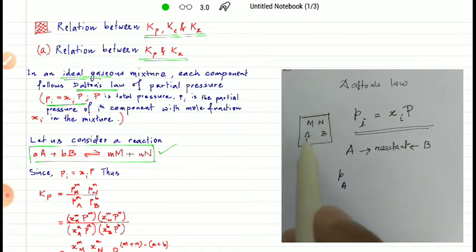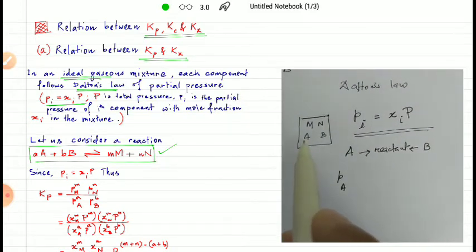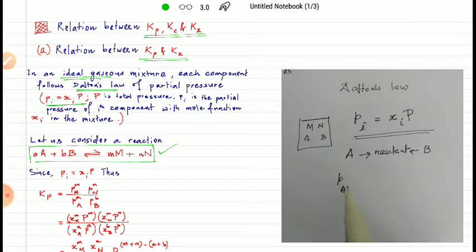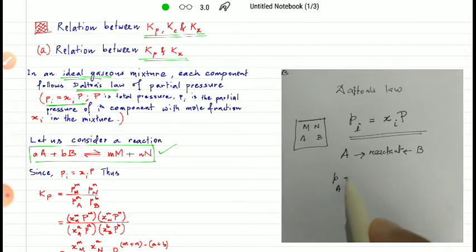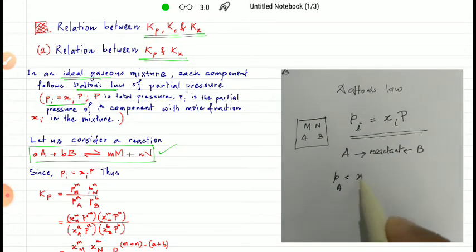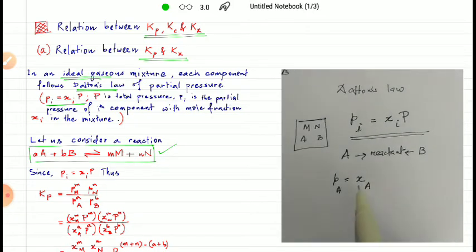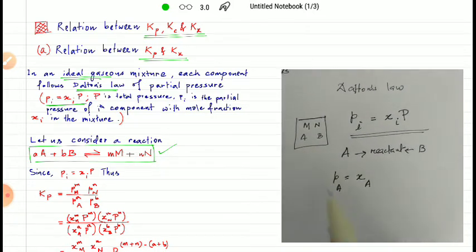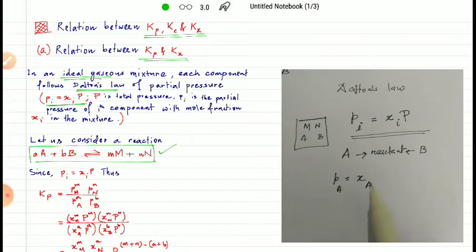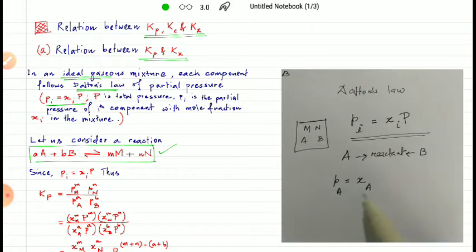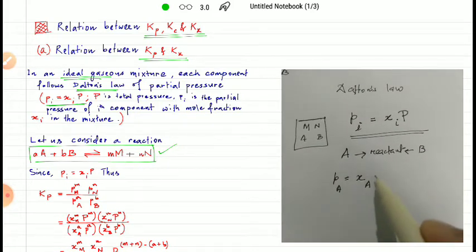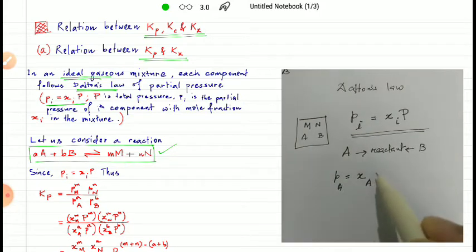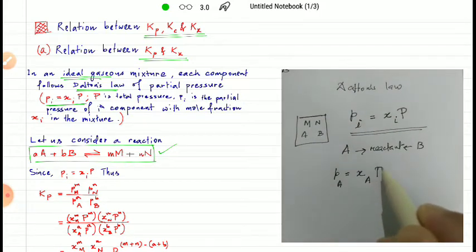Let's suppose the partial pressure exerted by component A is PA. According to Dalton's law, how can we write? If the mole fraction of that component, which is A, is xA, then we can write xA multiplied by the capital V.